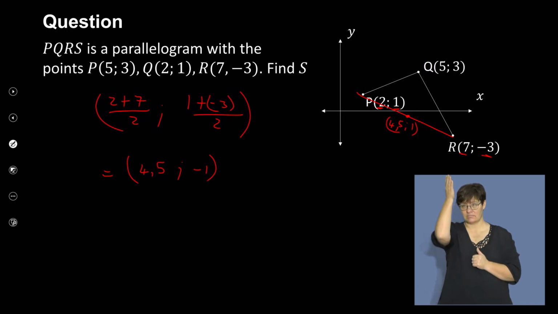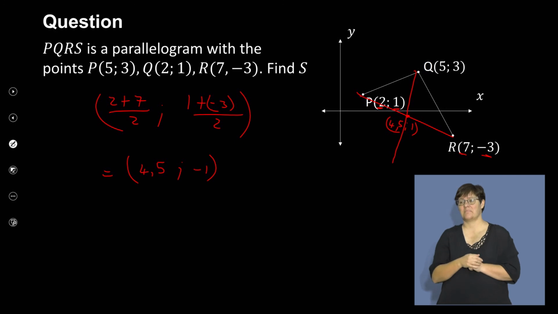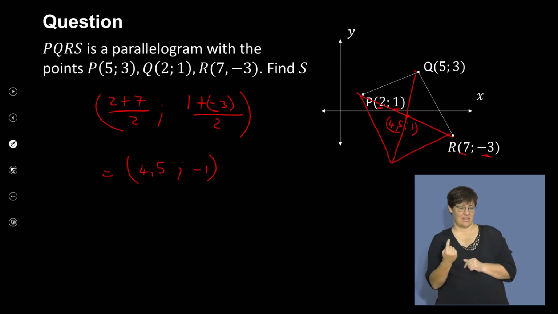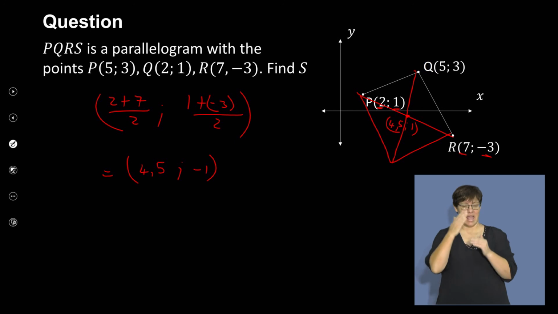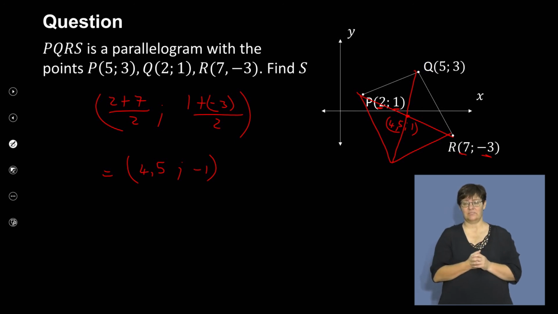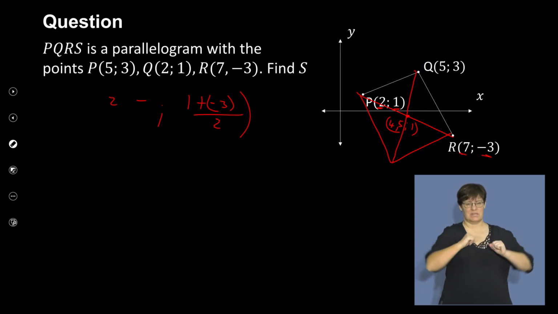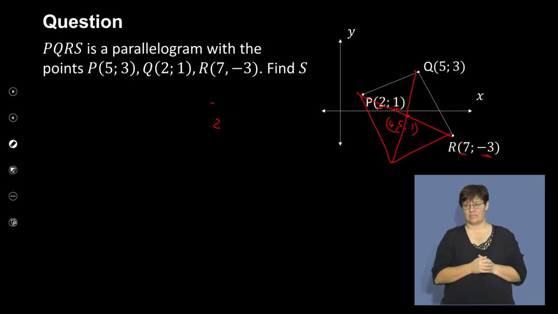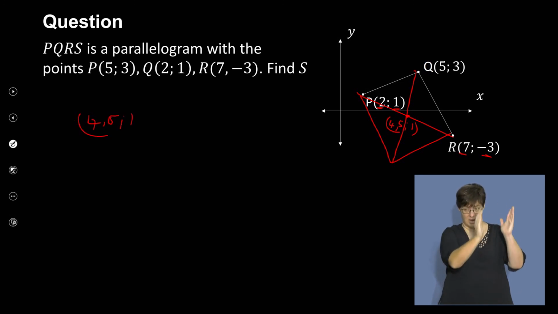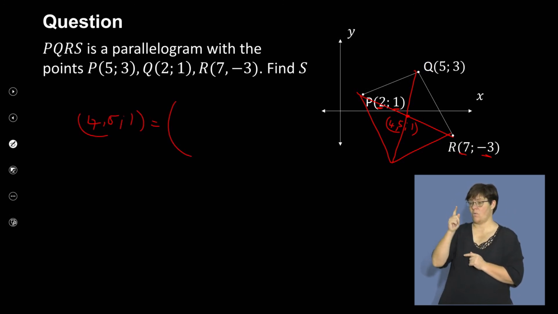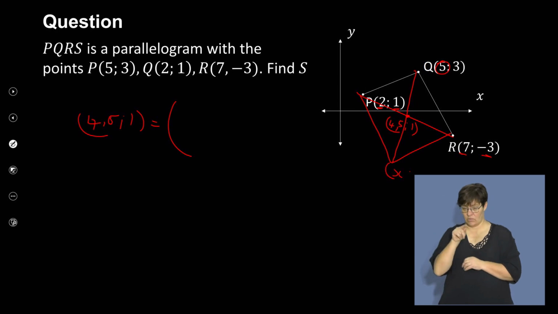And now what I need to do is find the other endpoint using the endpoint and the midpoint. So let's do that. Let me erase a little bit of what I have here so that we have more space. Awesome. So I know that the answer is 4.5 and -1. I'm going to go the x value plus the x value, and so I'm going to go 5 plus x divided by 2.